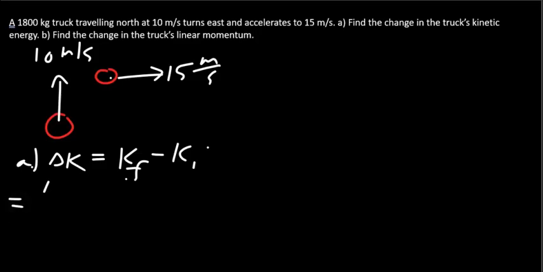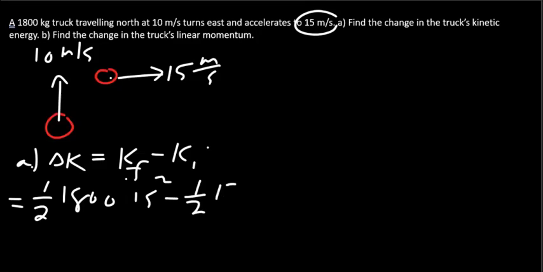Now the final kinetic energy is half times the mass, which is 1800, times the final speed squared. So the final speed is 15 meters per second, square that, minus half times mass 1800, initial speed squared. Initial speed is 10, so square that, and that's going to give you the change in kinetic energy.